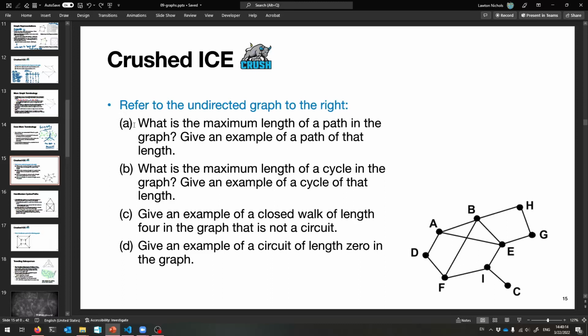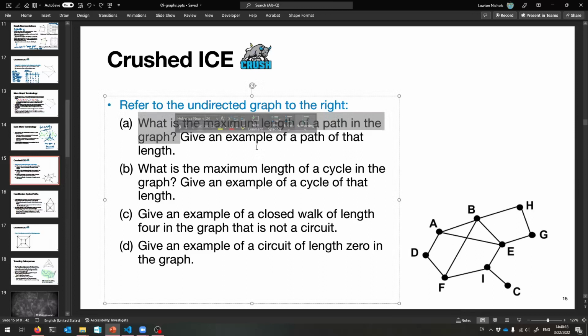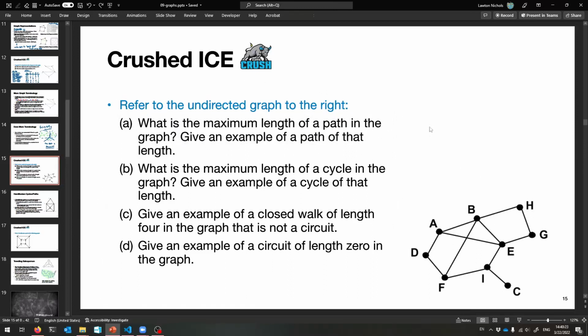Please tell me, what is the maximum length of a path in it, first of all? And maybe give an example of a path of that length. What's the longest path that you can make in this graph? What's the maximum length of a cycle you can make in this graph, where you can wrap around, right? Give an example.